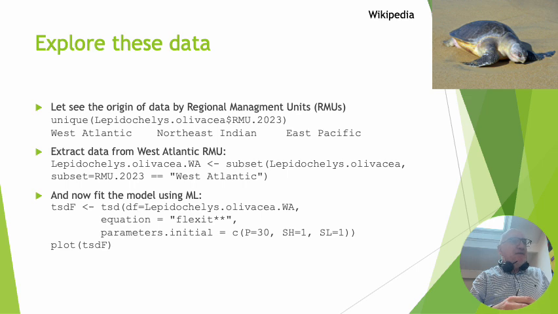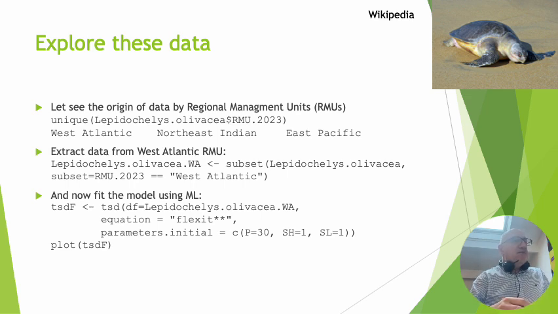And remember that with the flexit double star model, the sum SH plus SL is the TRT, the transitional range of temperature, the range of temperature where both sexes can be produced, here with limits of 0.05 and 0.95.